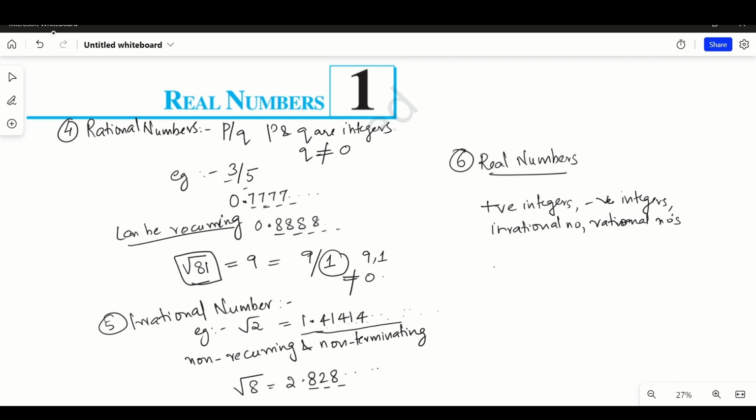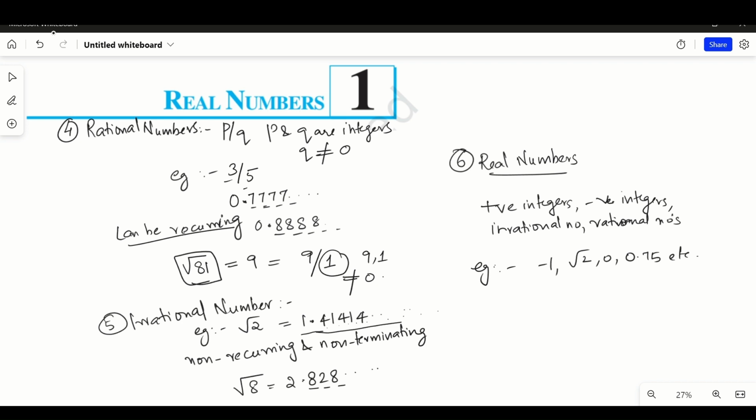So all these are examples of real numbers. For example, it can be -1 or root 2 or 0 or 0.75, etc. So real numbers are actually a combination of rational numbers and irrational numbers.